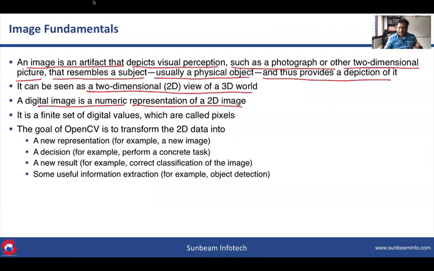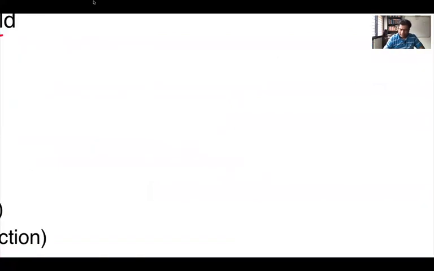So what exactly is there inside your image? It is a finite set of digital values which are called pixels. Whenever you are talking about an image or a video, we generally talk about pixels or the resolution. We say I am watching a movie of a certain resolution.